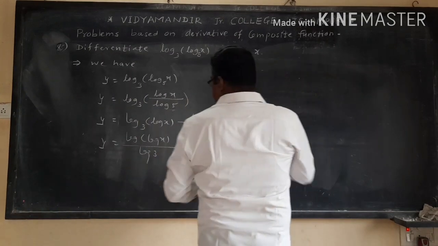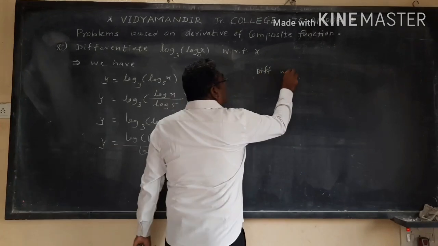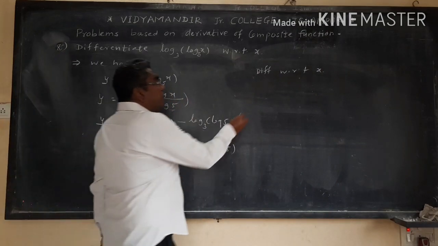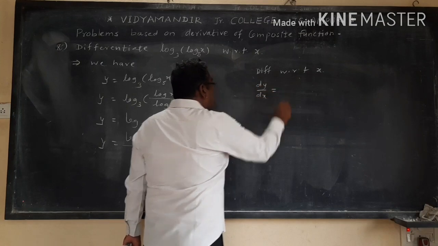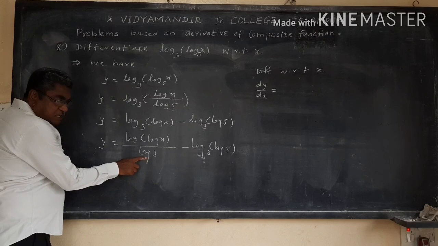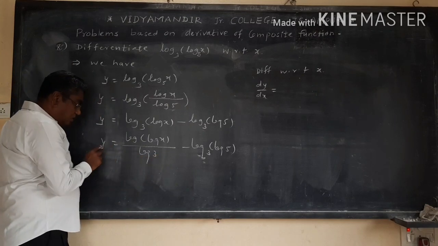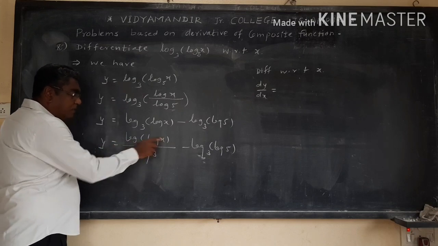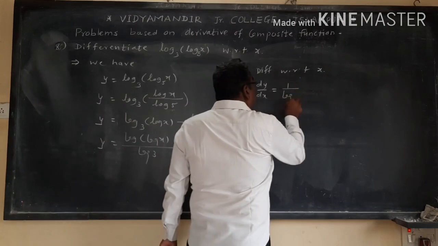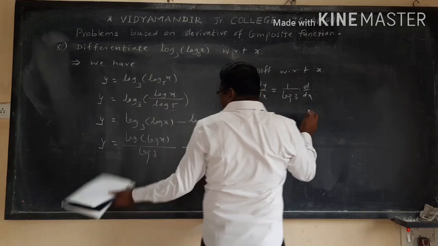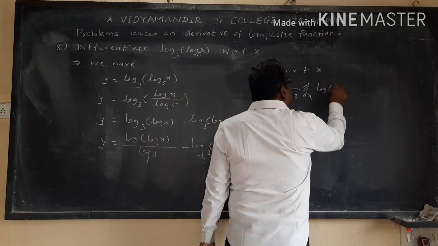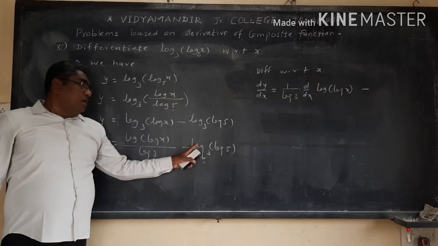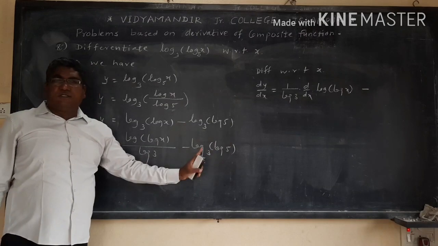Now differentiate with respect to x. d by dx of y, dy by dx is equal to 1 upon log 3, log 3 being constant, d by dx of numerator log x, minus log 5 to the base 3, which is constant.